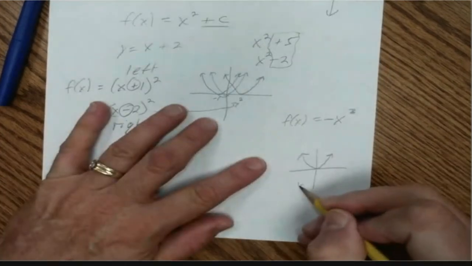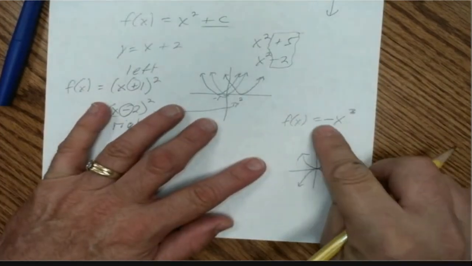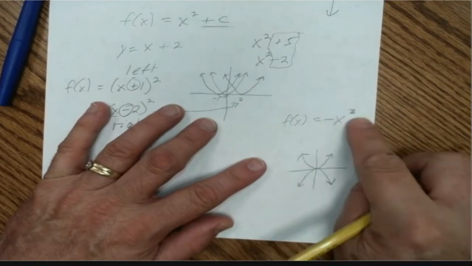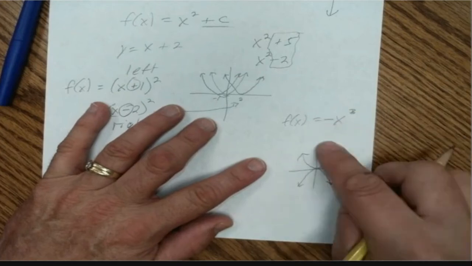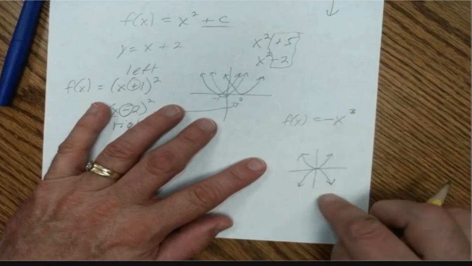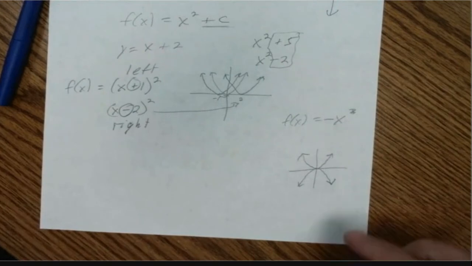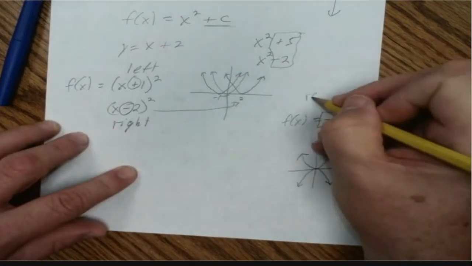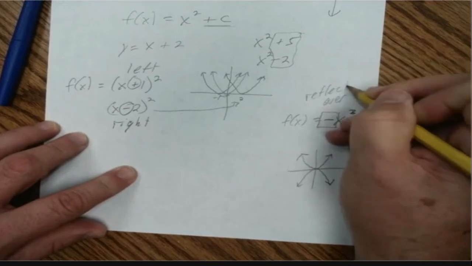That is going to reflect it over the x-axis, because whatever the value was is now going to be negative. If we put in 2 for x, instead of being 4, it's going to be negative 4. So the range is changing and being reflected over the x-axis. So that is a reflection shift. This reflects over x.